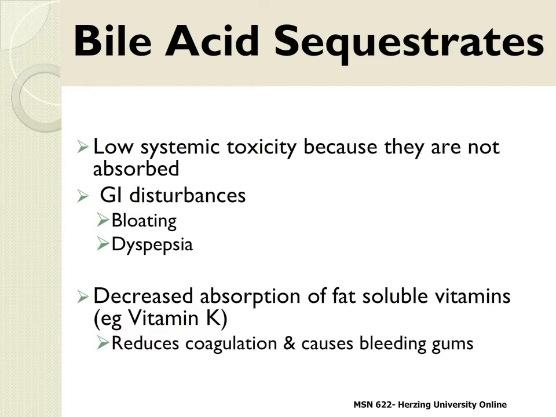Now the concern with bile acid sequestrants is, apart from GI disturbances and bloating and flatulence and some degree of dyspepsia, they will basically also inhibit the absorption of fat-soluble vitamins, namely A, D, E, and K. And particularly if they reduce the absorption of vitamin K, it will affect the coagulation cascade, and typically your patients will have bruising and some degree of bleeding in the gums.